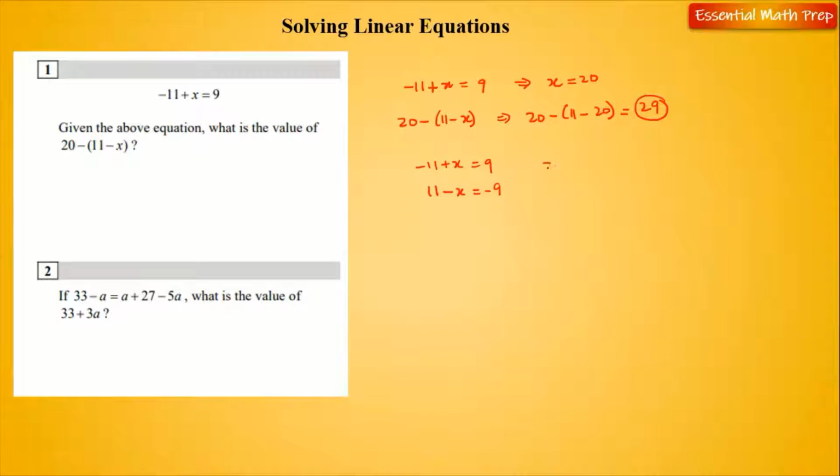So you can make a direct substitution for 20 minus 11 minus x. 11 minus x is negative 9, so 20 minus negative 9 is 29. You see, we got the same answer, but this is method 1, and this is method 2. You pick which works best for you, and you can use that.